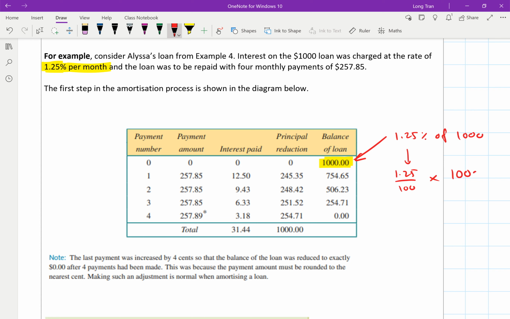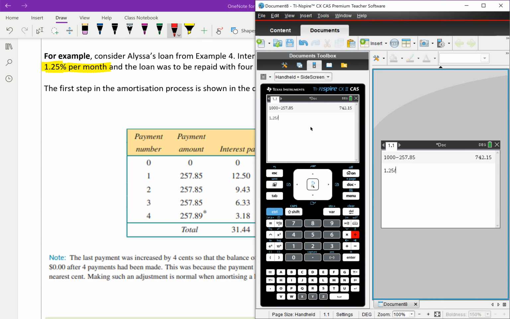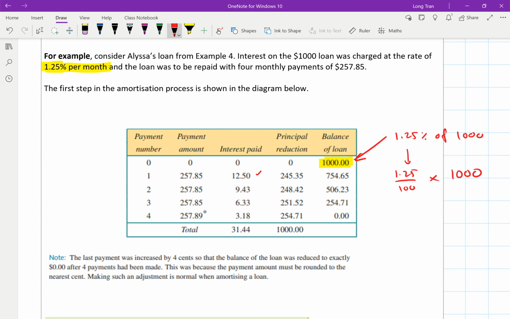That's all they did. So on your calculator, I'm just going to type here just so you can see, 1.25 divided by 100 times 1,000. That's where the $12.50 came from. Okay, so that's your $12.50 interest because they did 1.25% of your remaining balance.